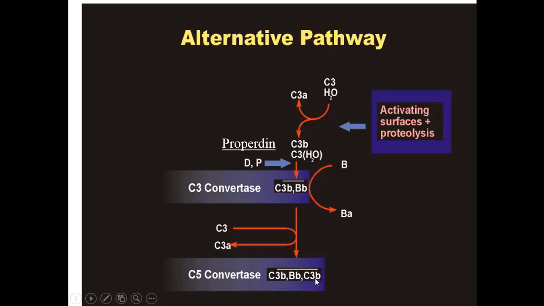On two sides there are C3b and in the middle of the molecule Bb, and this is C5 convertase of alternative pathway, and this molecule has enzymatic property, and it is shown by this bar.